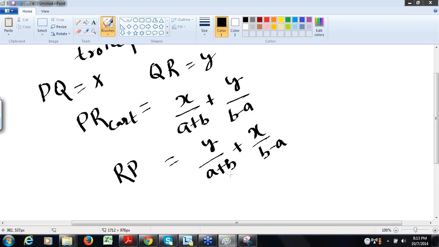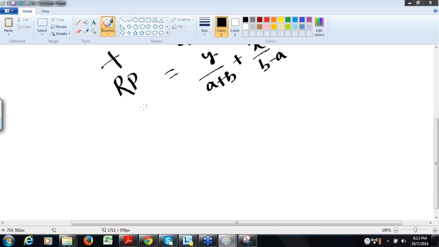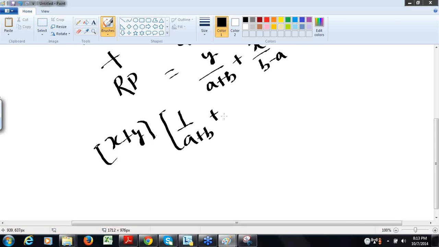So total time will be what? This plus this. So total time will be X plus Y into 1 upon A plus B plus 1 upon B minus A, which is given to be 64 seconds.